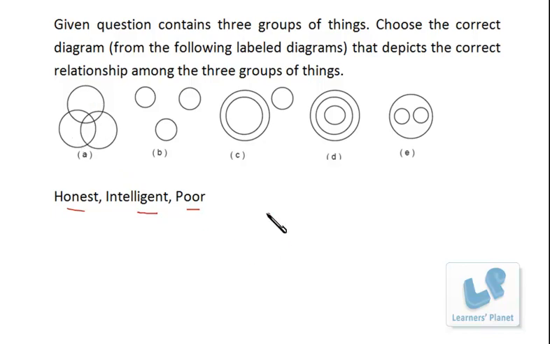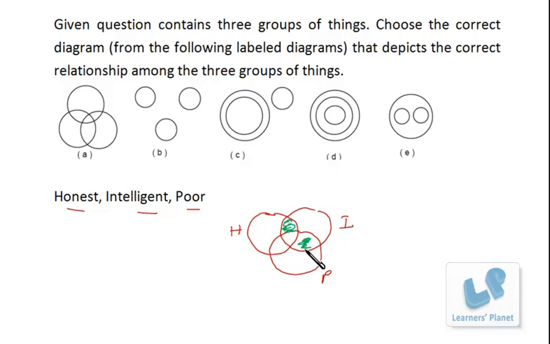I just draw it over here: honest, intelligent, and poor. Now this area represents the persons who are honest as well as intelligent.